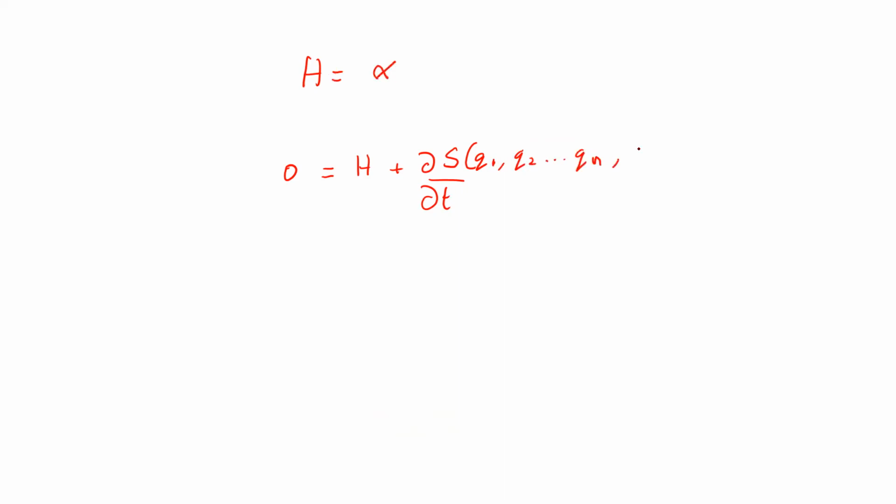Therefore the new momenta P will also be constants, alpha. So the new momenta are constants: alpha 1, alpha 2, going up to alpha n, or let me write it as P1, P2, all going up to n, and we have t. Let me write it in terms of alpha.